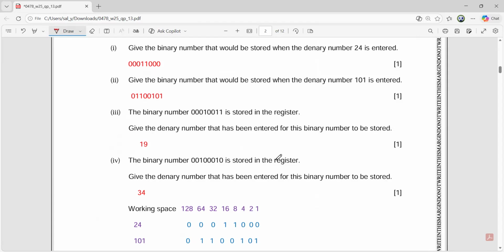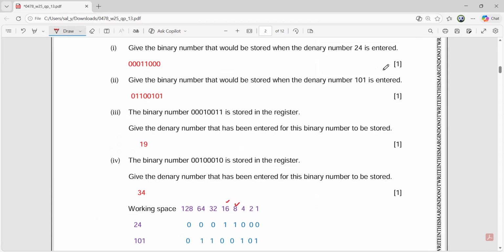In order to make the binary for 24, we simply have to turn on the bits that are 16 and 8, because 16 and 8 makes 24. That is why the answer for 24 in binary will be, starting from the most significant bit or MSB, 0 0 0 1 1 0 0 0. And that will give you 1 out of 1.